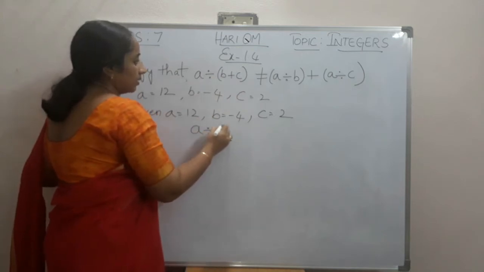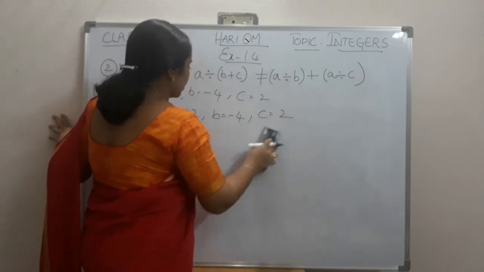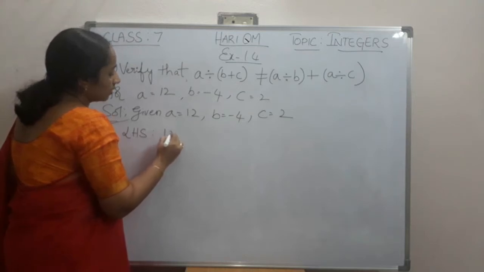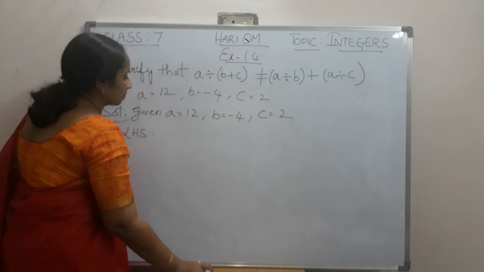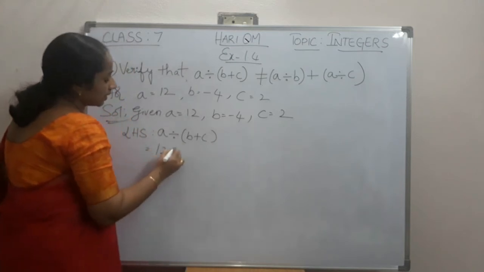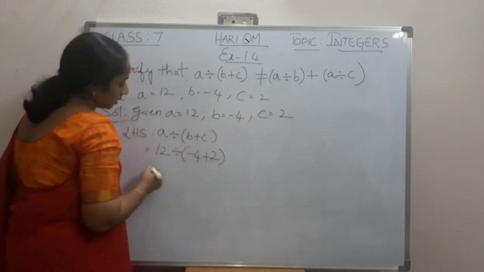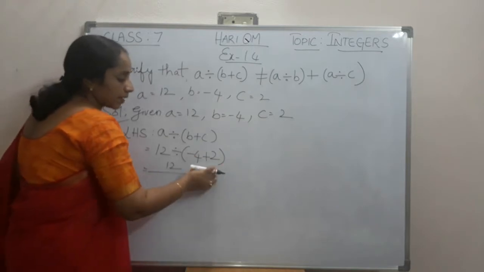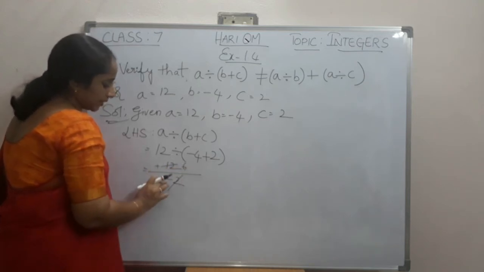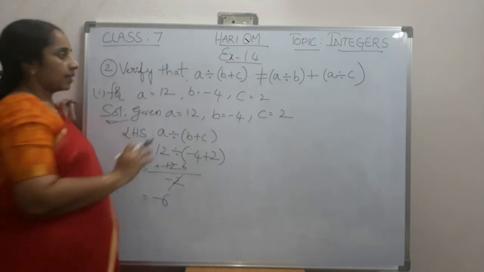A divided by b plus c is 12 divided by minus 4 plus 2, that is 12 by minus 2. 2 sixes are 12, here it is minus, so we get minus 6. That is the LHS part.